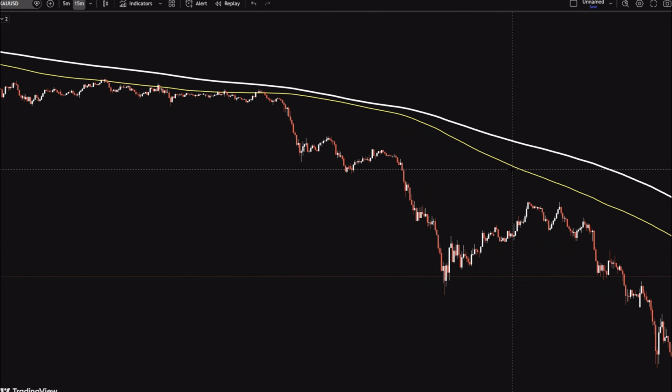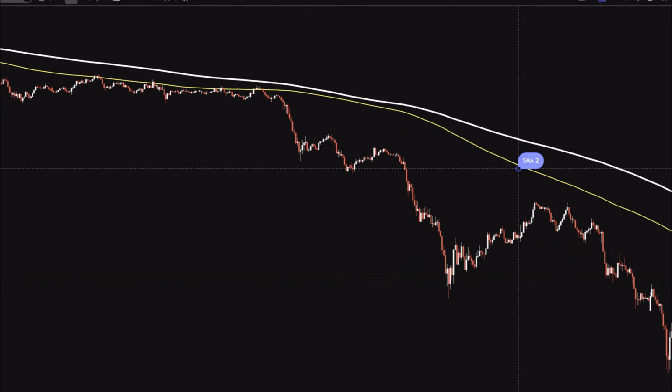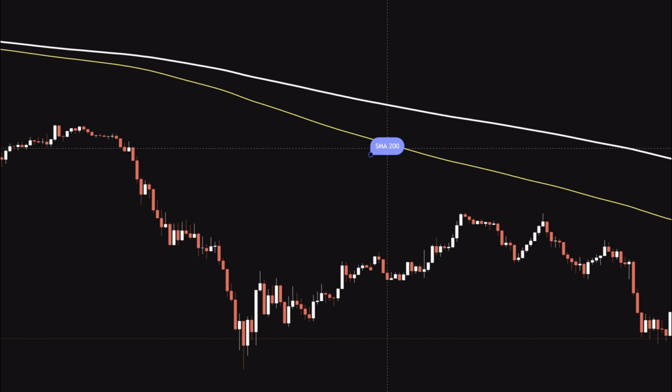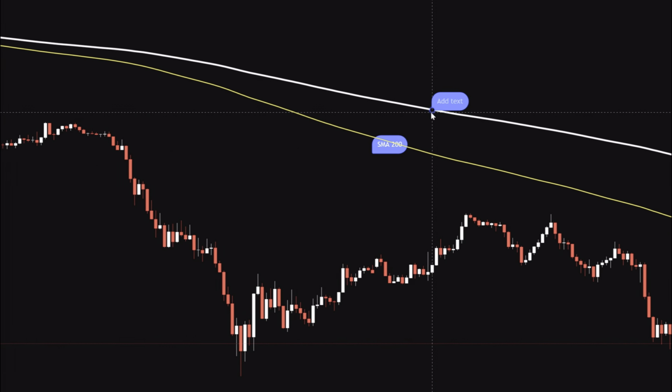Look at it like this. When price is below the 200 and 300, you're in a downtrend. The market's already told you where it wants to go.